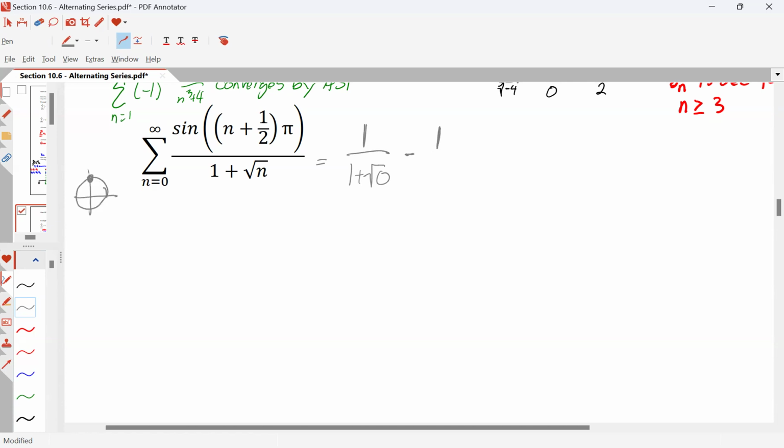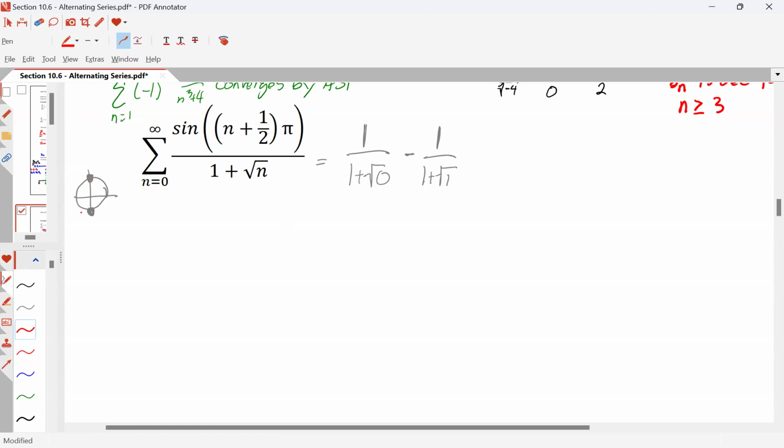We had pi over 2, 3 pi over 2, and then when n is 2, 2 plus 1/2 is 5/2. 5 pi over 2 is the same as pi over 2.